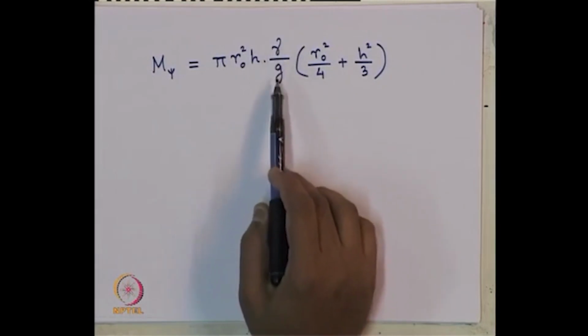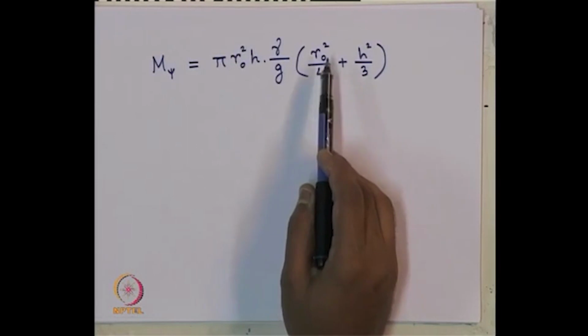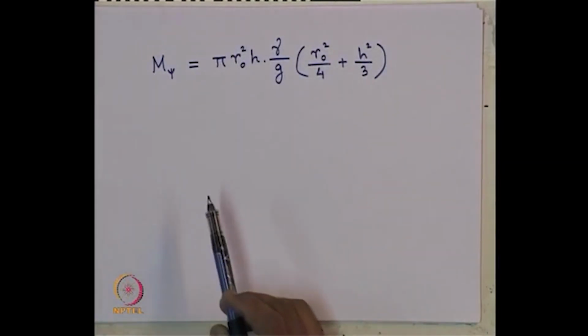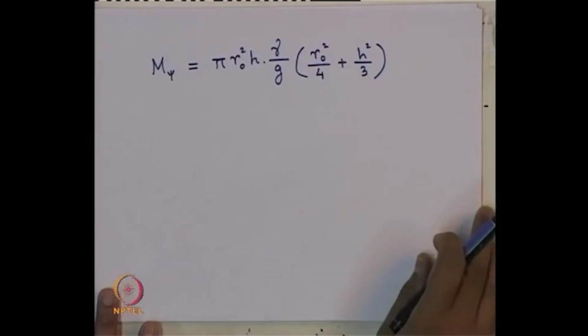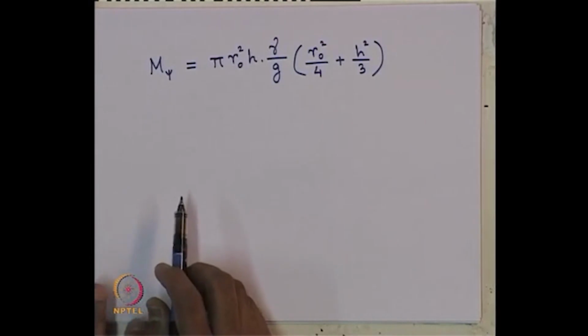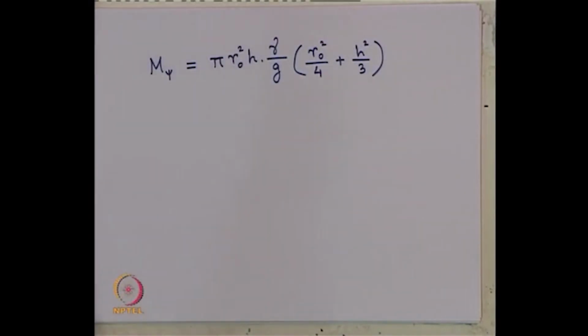So, this basically will come as the density, and r naught is already defined, h is also already defined. In this case, what we do not know, gamma value we do not have with us, right. So, we have to assume some suitable value of gamma corresponding to different types of soil.